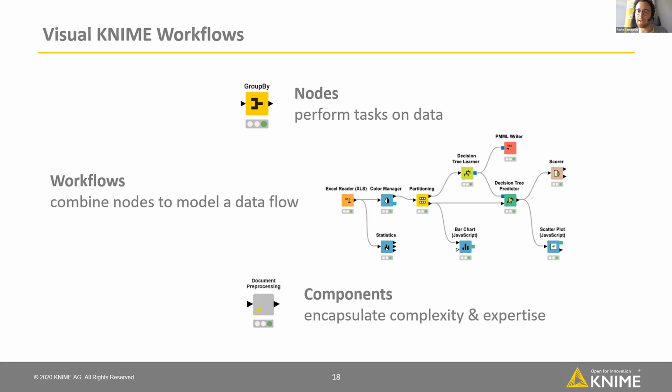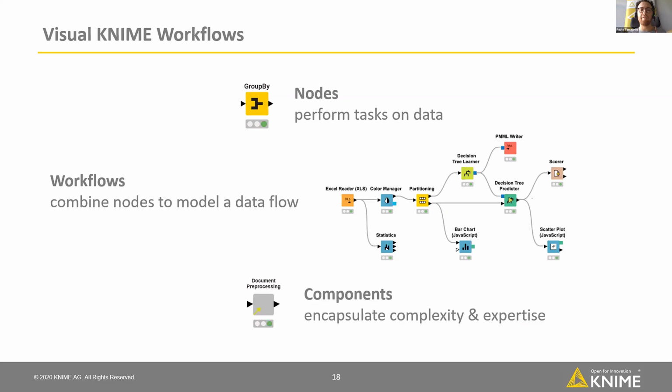We are coloring some data. We are using partitioning to divide between train and test. And then we have a decision tree. We train one and we predict. And then we also have those light blue nodes to create the visualizations, right? So by using a sequence of nodes, you have a transparent way to analyze your data.